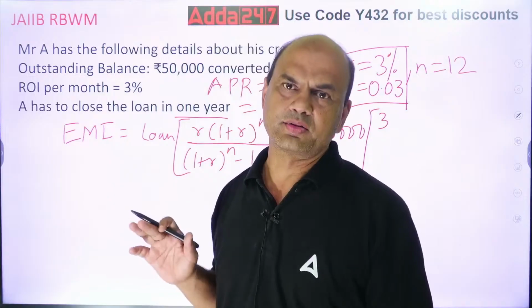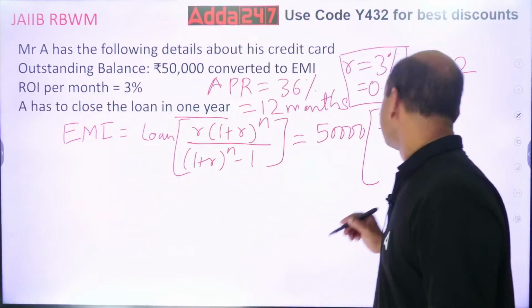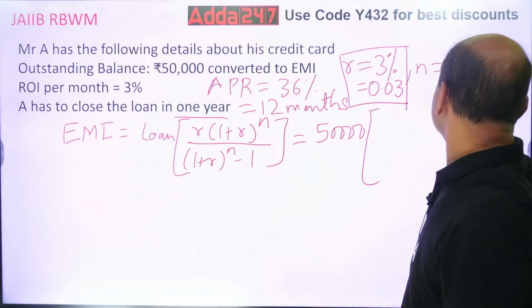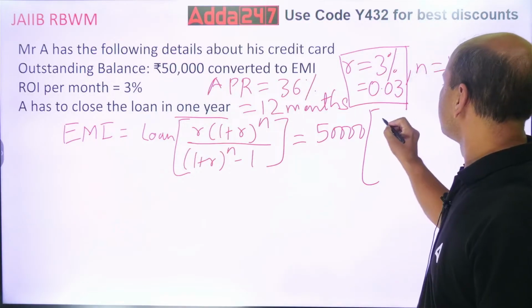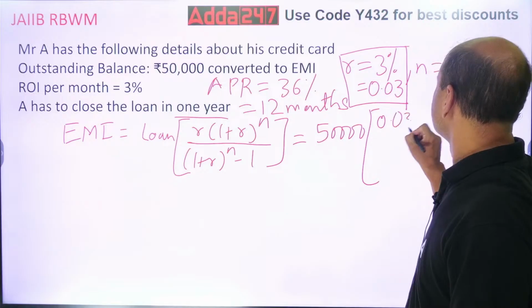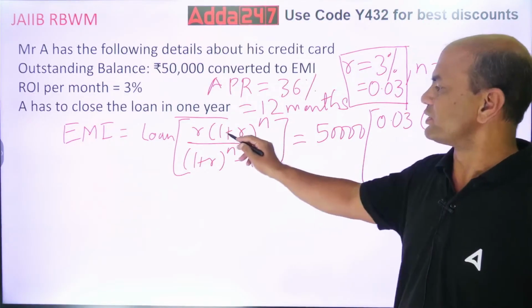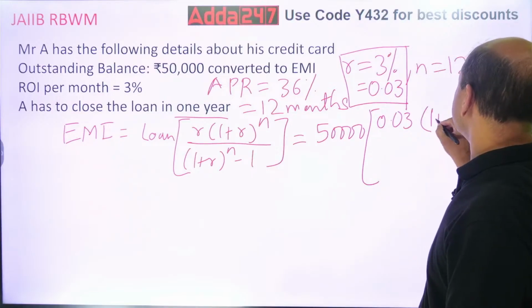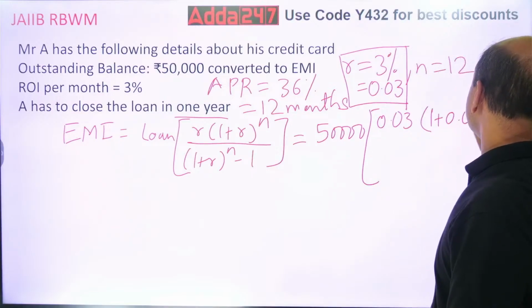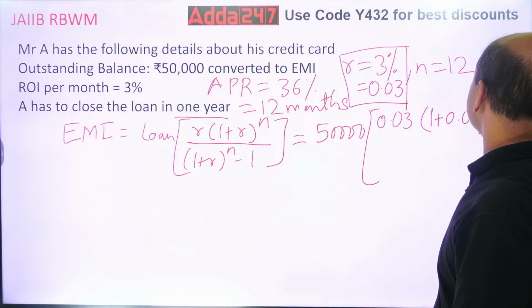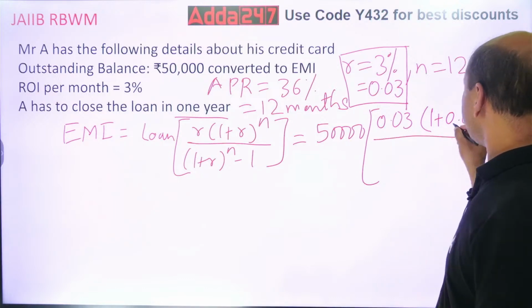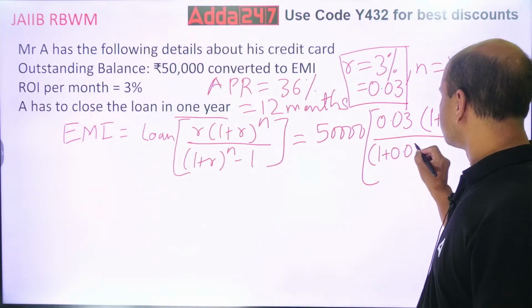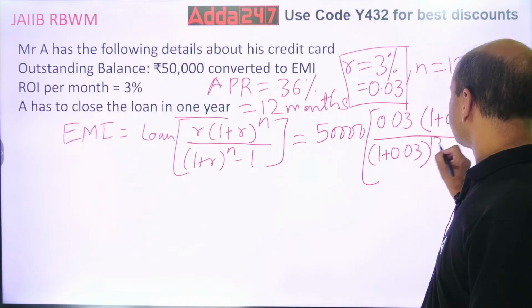So this will be 0.03, into 1 plus R. So 1 plus 0.03 raised to N is 12, the whole upon, again the same figure, 1 plus 0.03 raised to 12 minus 1.